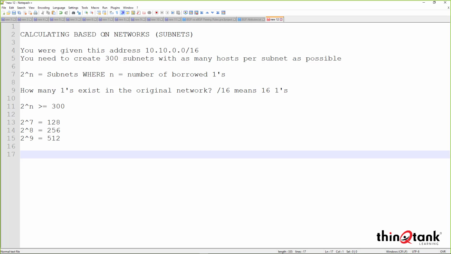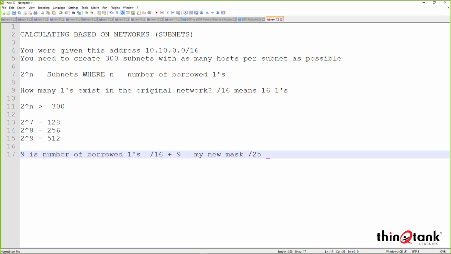The 9 is the number of borrowed ones, which means slash 16 plus 9 is my new mask. Does that make sense? I started with 16. I added 9 additional ones, which is 25. So slash 25 is my new mask.